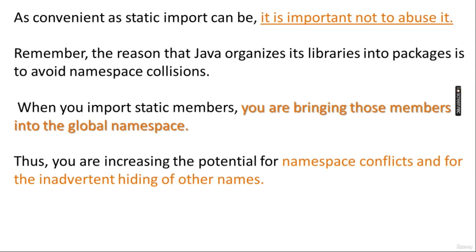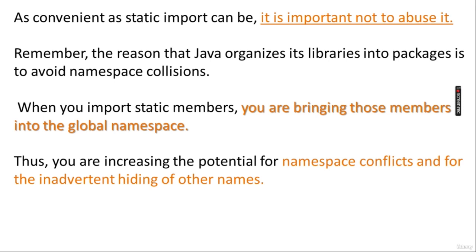Okay, you can have the test method from class 1, you can have the test method from class 2, and so on. So there can be a namespace conflict, and we should not allow it to arise, and for that, inadvertent hiding of other names is not expected.